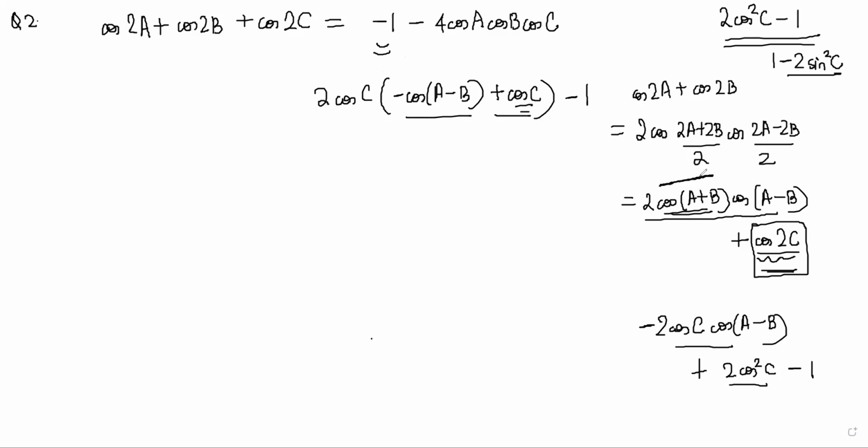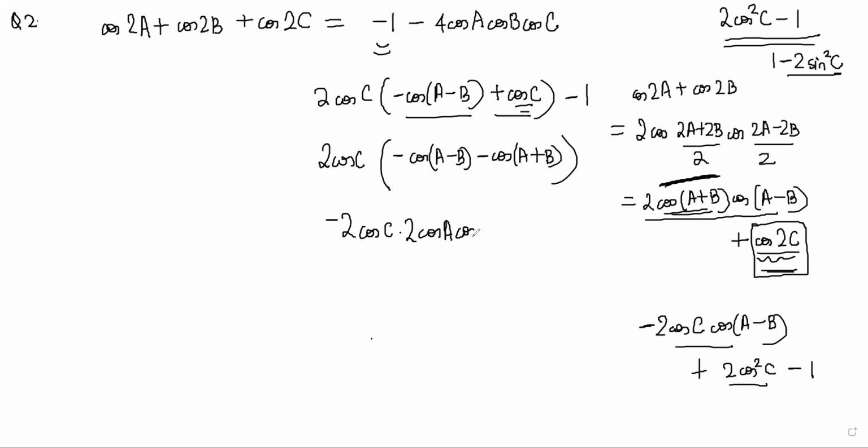So this will become minus cos (a minus b) minus cos (a plus b), and outside is 2 cos c. So take minus outside: minus 2 cos c times cos (a minus b) plus cos (a plus b), which will be 2 cos a cos b. Overall it comes to minus 1 minus 4 cos a cos b cos c.